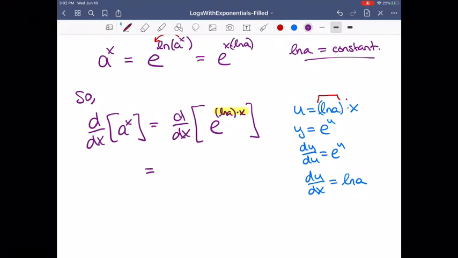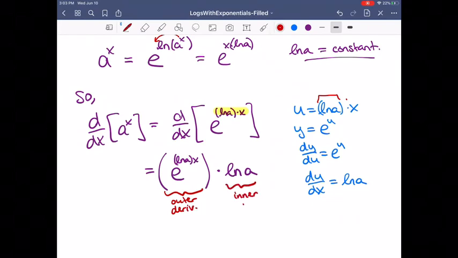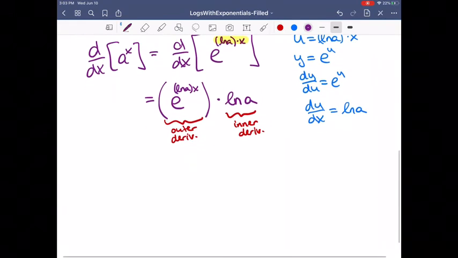So that means that my derivative is dy by du, but evaluated at u. So this is e to the ln a times x. That's my outer derivative, times the derivative of the inside, which is ln a. So the outer derivative times the inner derivative. Now I want to rewrite this e to the ln a x.